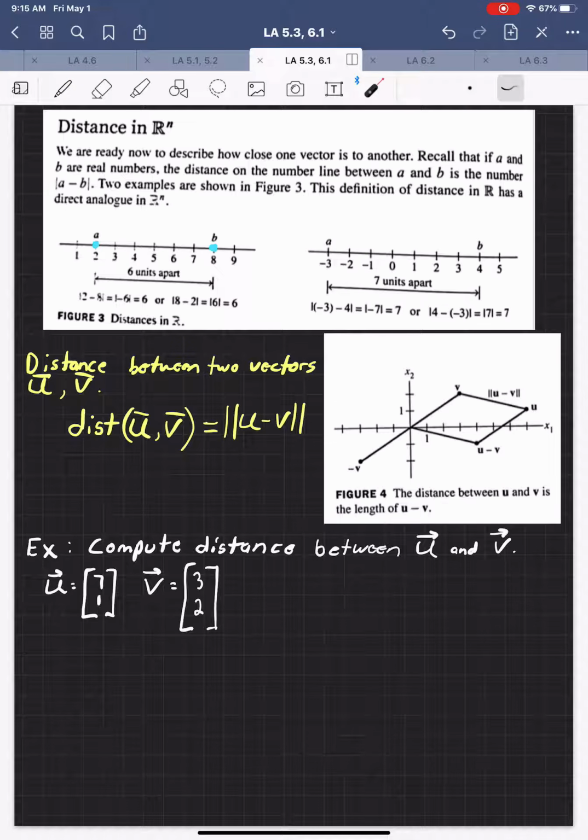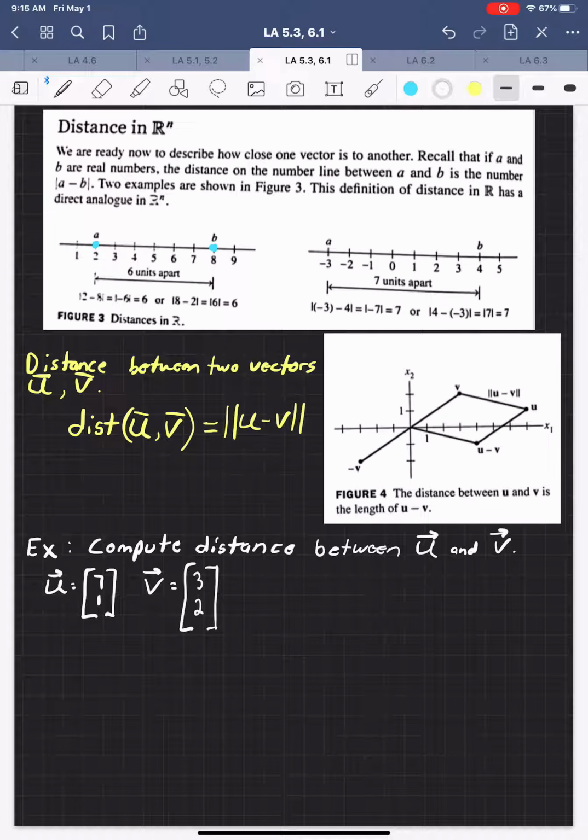So let's look at the geometry here. Remember, here's v, here's u. You would know v and u, but you're asking, what is the distance between v and u? Well, as we saw, it can be defined as the magnitude of u minus v.